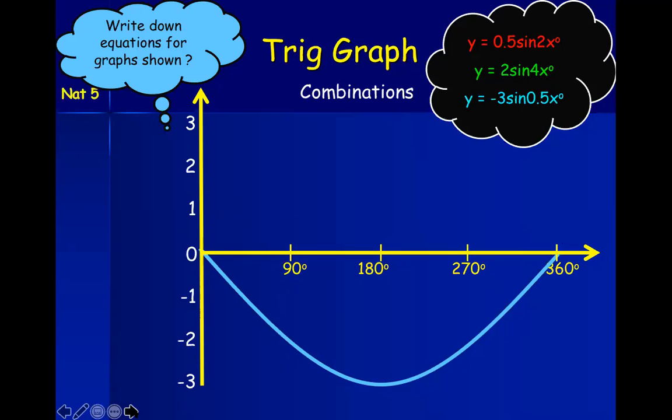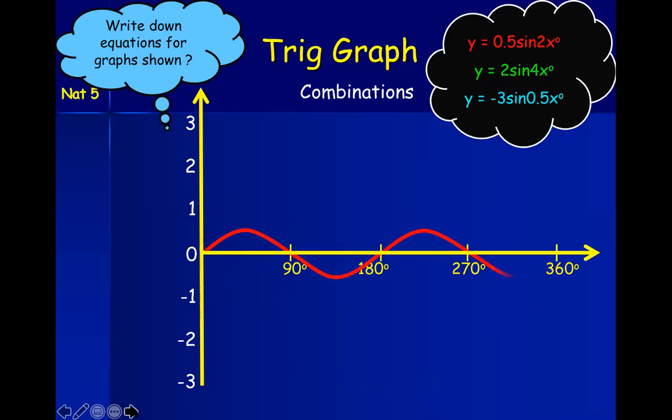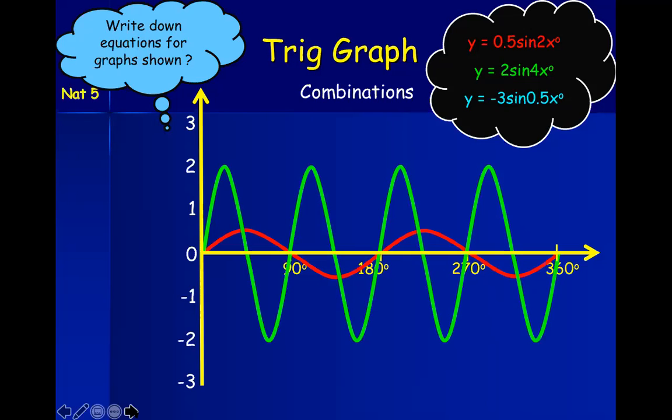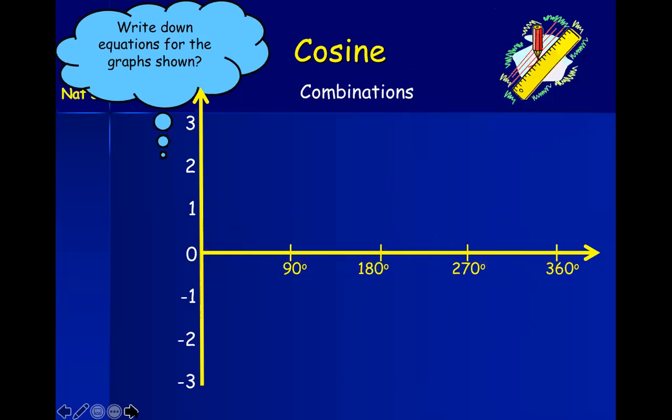Okay. So it's been flipped. This one was the red, 0.5 sine 2x. We've done that one. 2 sine 4x and minus 3 sine half of x.